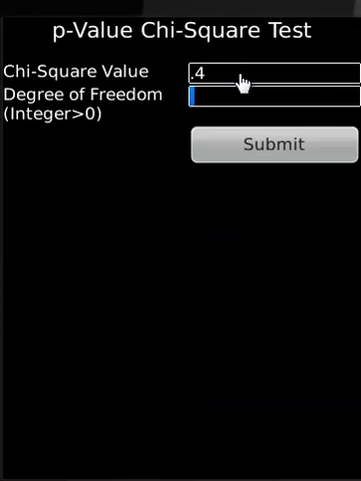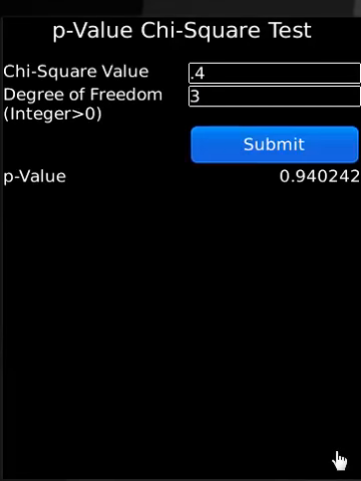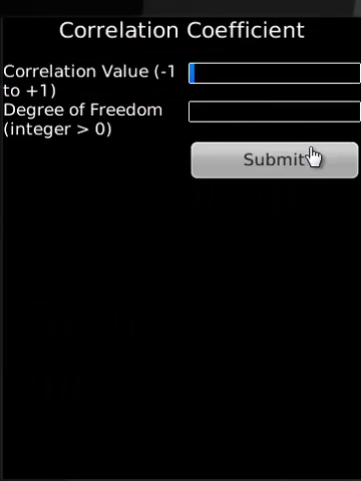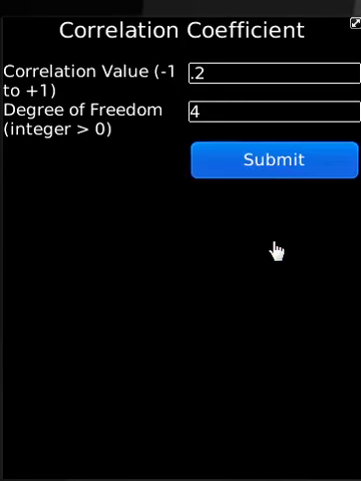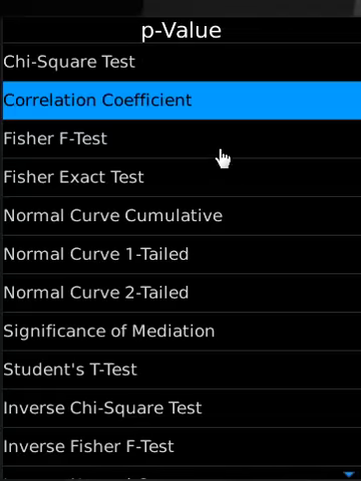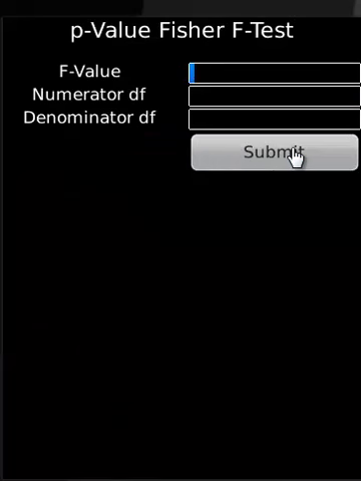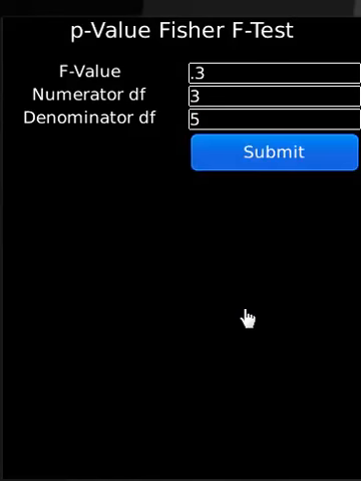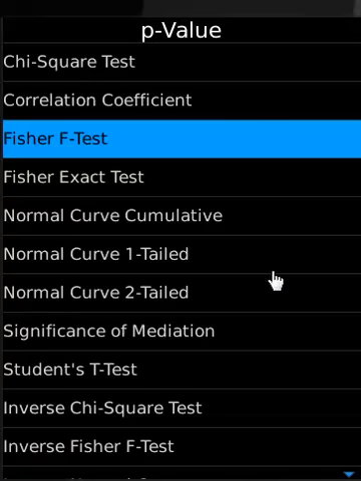Chi-square value, degree of freedom, so now we get p-value. So then correlation coefficient 0.2 and degree of freedom is 4. Okay, we get that. Fisher exact test, so f value, numerator, denominator, degree of freedom, this is what we get.